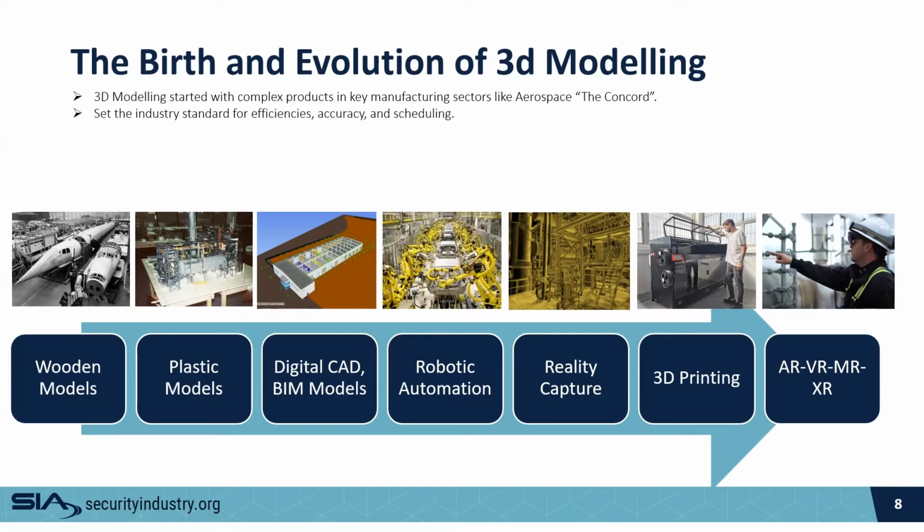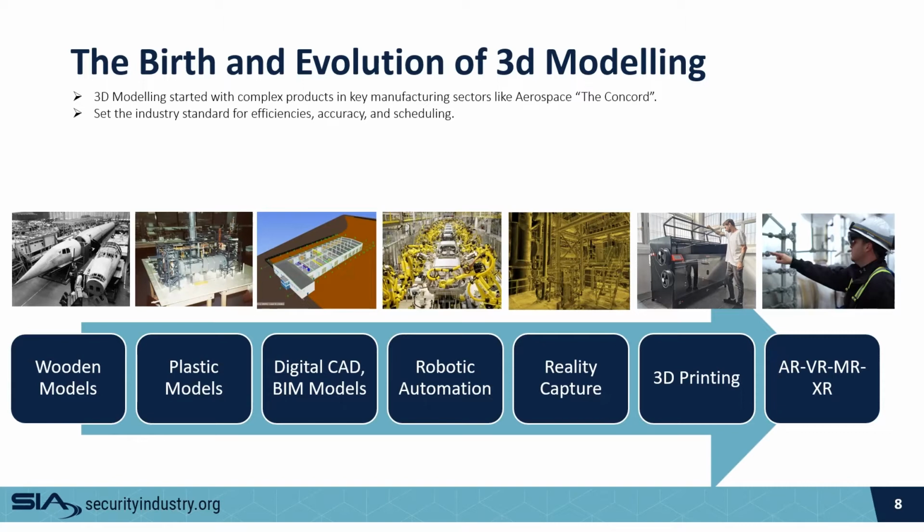And within the last 10, 15 years, the rapid advancement of available technology in the reality capture space, from drone technology to Lidar and photogrammetry, has really advanced how we collect the physical environment in an accurate way, moving beyond a 2D photograph into 3D reality capture, so that information can be used in many different ways: in the design, in the construction phases and monitoring, or in the operate and maintain space.